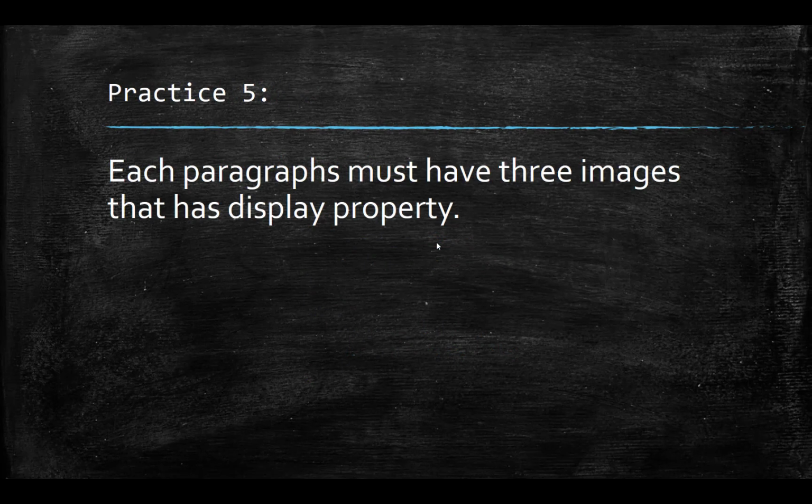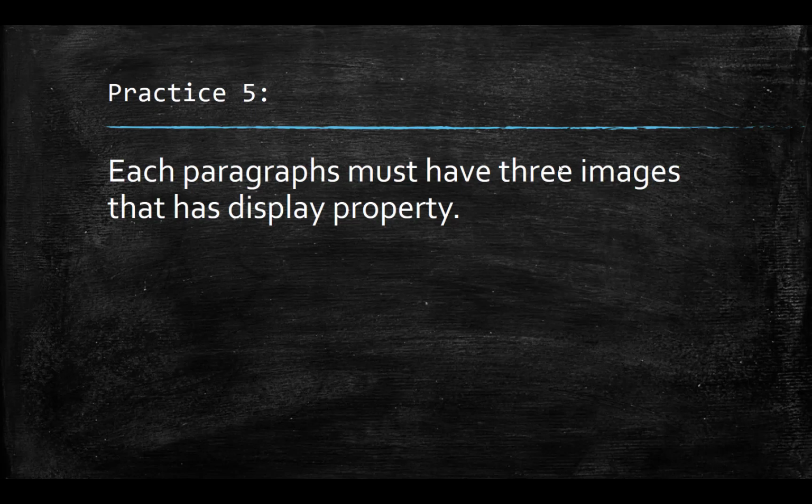So practice number 5: each paragraph must have three images that have the display property. As of now, images are needed. You have to use the display property on the images. So each of your paragraphs should have three images with a display property. You can make the images inline so they're easy to view. Put the three images inline. So images, then a paragraph, then the button.